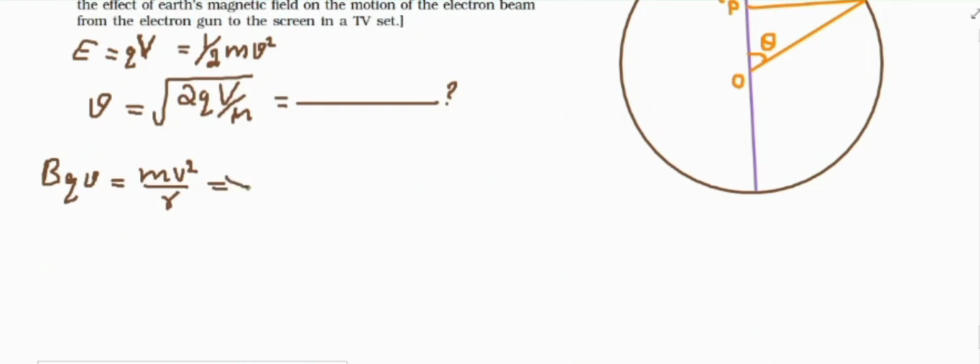From this equation, you find the radius of the circular path followed by the particle, that is mv by eB. Substitute the values, find the value of r.